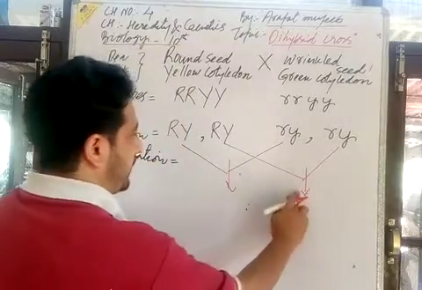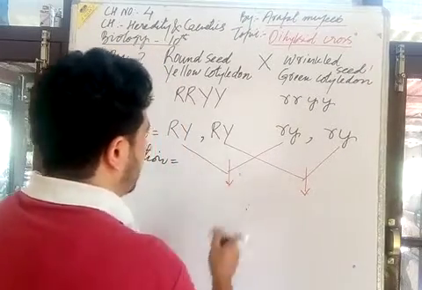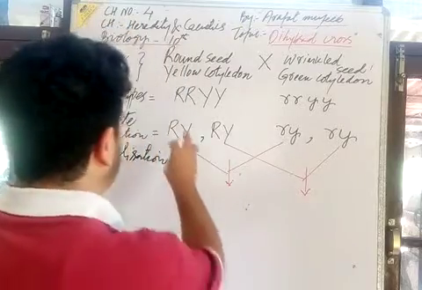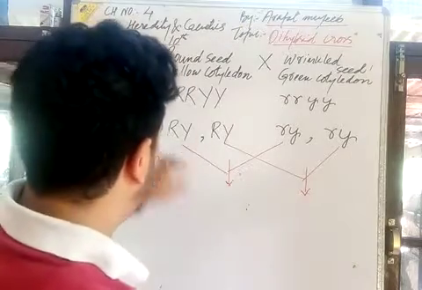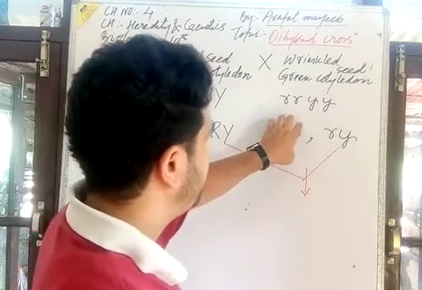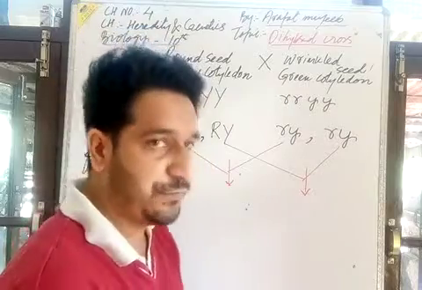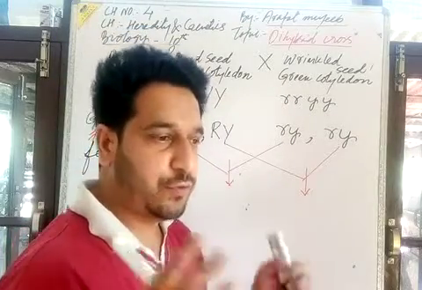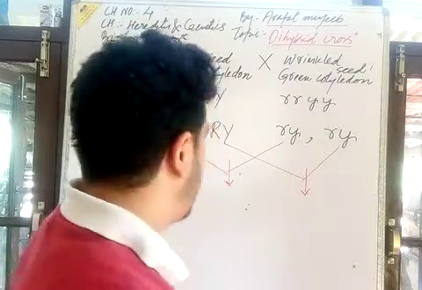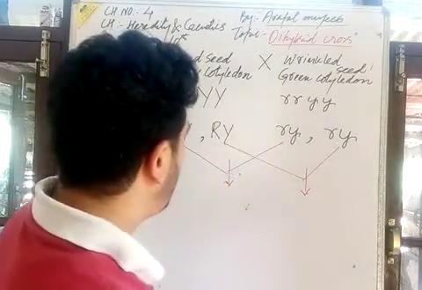This gamete has a random recombination with this gamete. After the gamete formation, there is a fertilization. Fertilization means fusion of gametes, fusion of the sex cells of both the parents. Here is a random recombination of gametes.